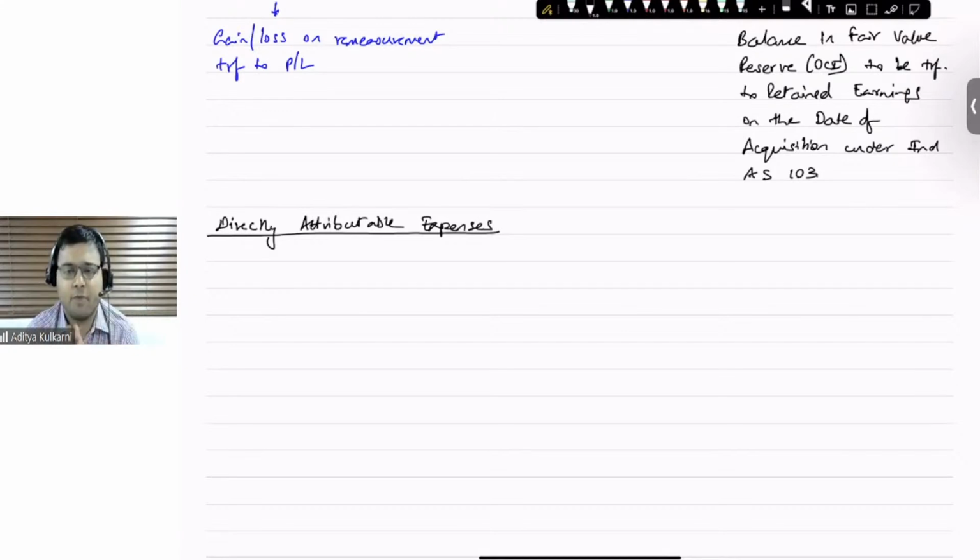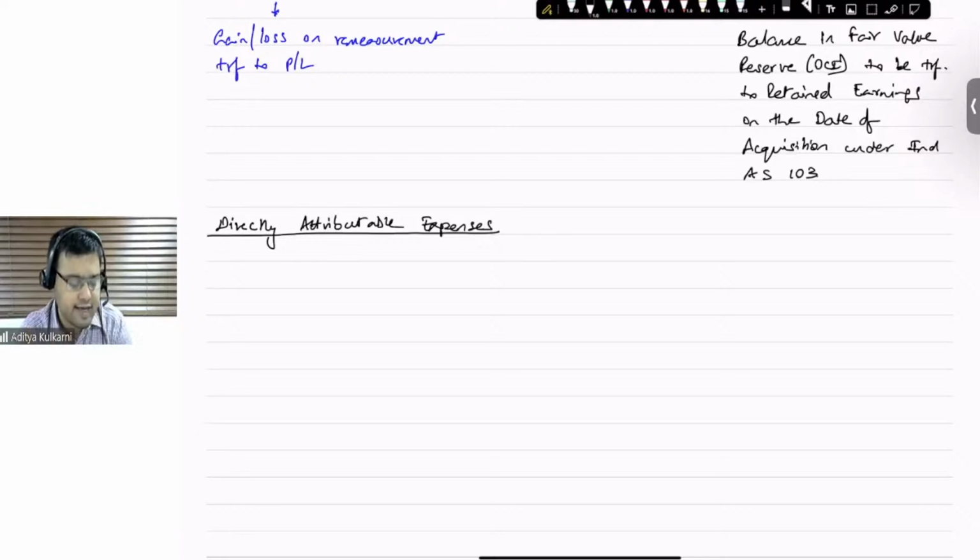So I cannot put a mark on this fair value by adding transaction costs to it. In business combination, even the transaction costs, that is, costs necessary to bring the asset to its existing location and condition, will not be capitalized. It will be taken to the profit and loss account.